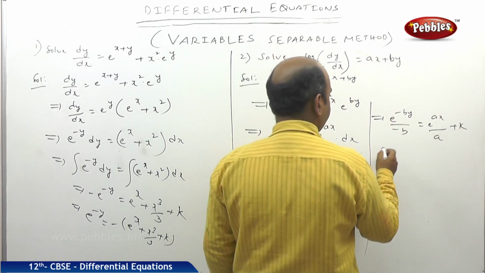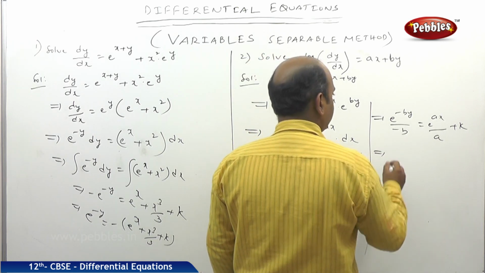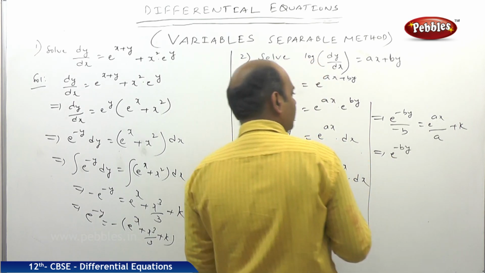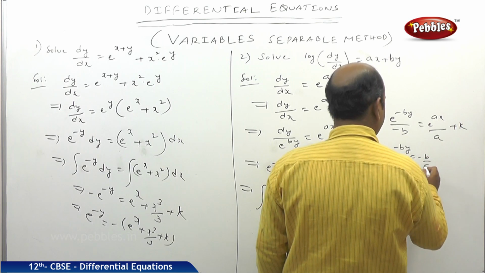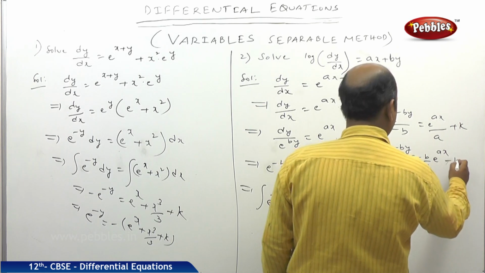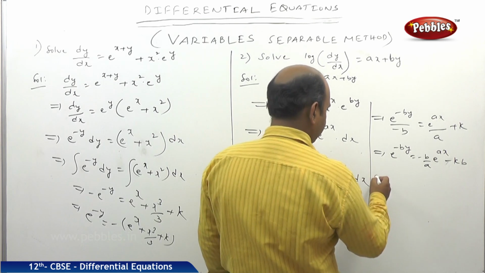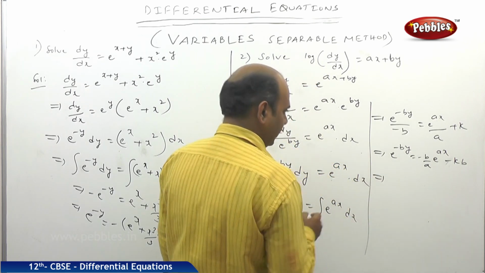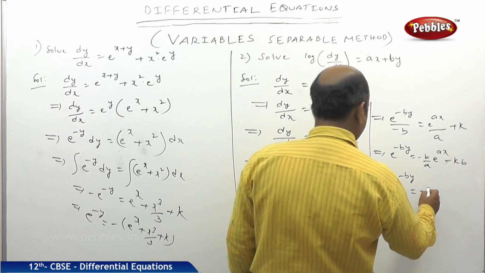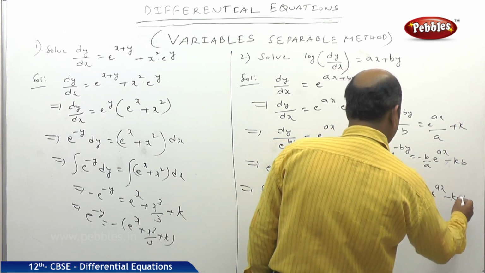Later I'll go like this: e power minus by is equal to minus b by a e power ax minus kb. Right? I think you followed. I multiplied with minus b on both sides. Later again I'll multiply with a throughout the equation. So a into e power minus by is equal to minus b e power ax minus kab.